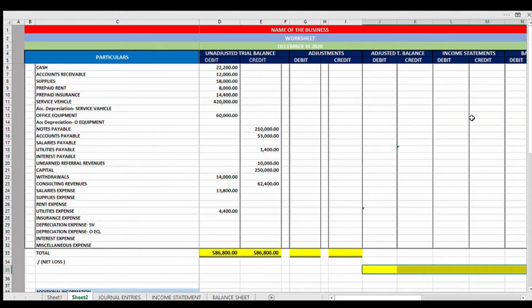So we will be starting with balances already. Kasi ang worksheet ay piniprepare once the ledger accounts are all with their respective balances.